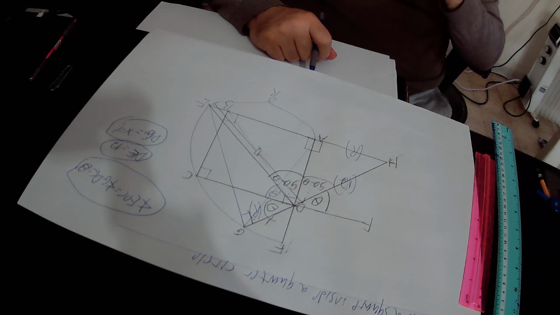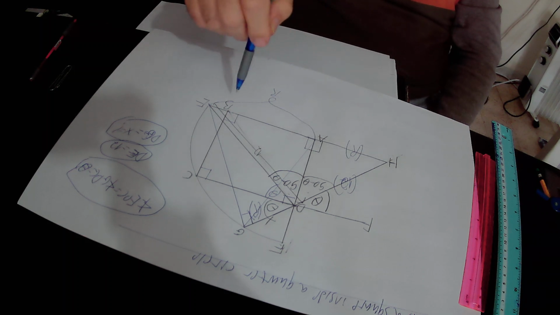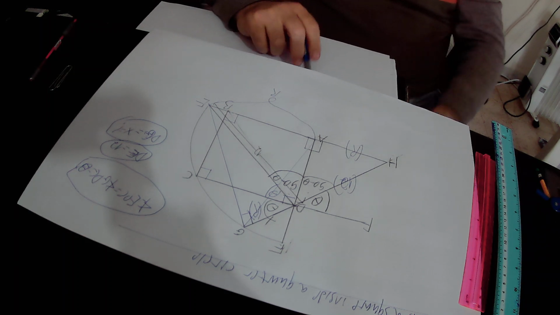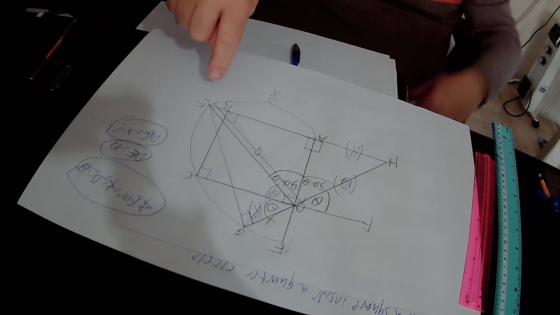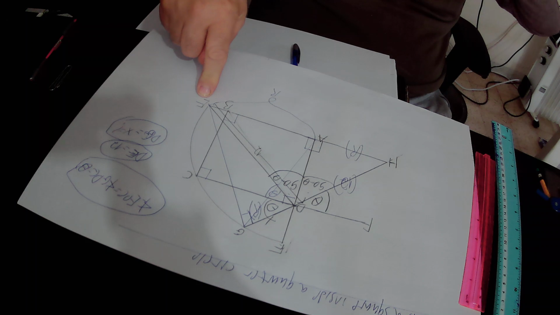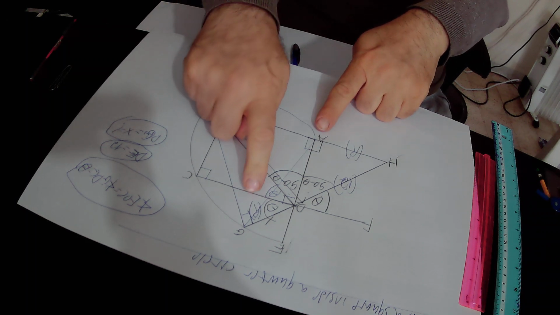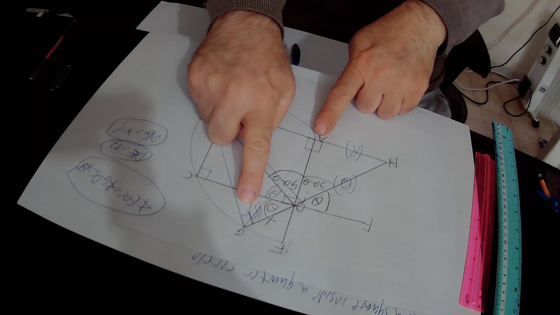If we focus on quadrilateral DGAE, inside this quadrilateral the sum of those two angles, which are both right angles, is 90 degrees plus 90 degrees, that is 180 degrees.